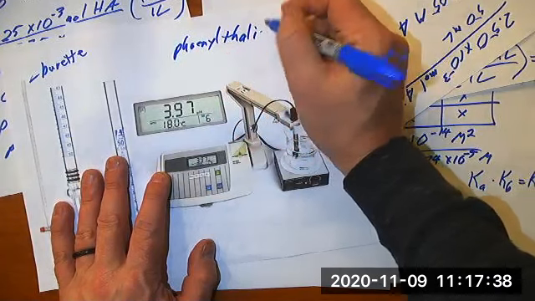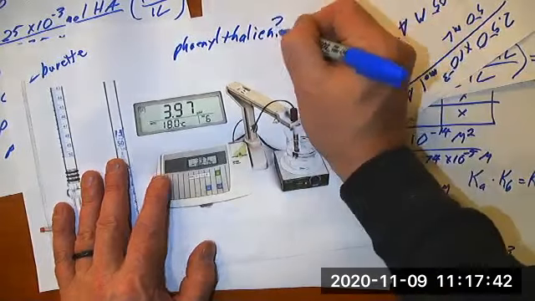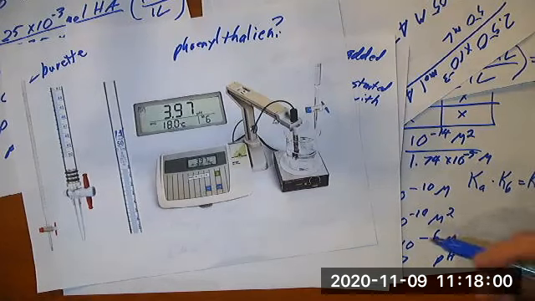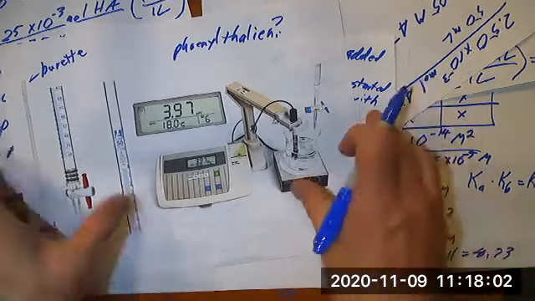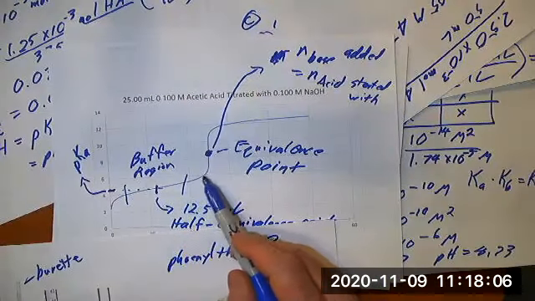I'm butchering the spelling of this. That's clearly not how it's spelled, but phenolphthalein, which at low pH is transparent, it's clear. At high pH, it is pink or violet, depending on how much you put in. And so as you are going along a titration curve, it's clear, clear, clear.